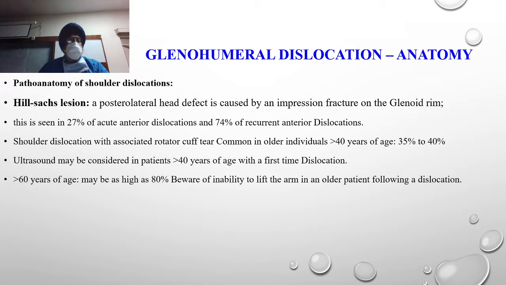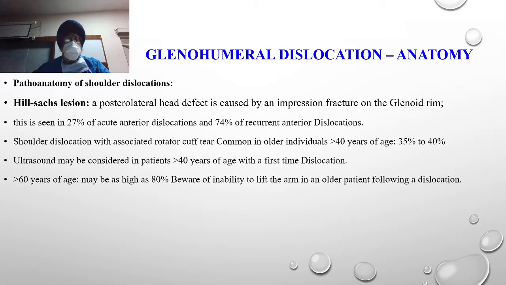Pathoanatomy of the shoulder dislocation, that is Hill-Sachs lesion. A posterolateral head defect is caused by an impression fracture on the glenoidal rim. This is seen in 27% of the acute anterior dislocations and 74% of the recurrent anterior dislocations. Shoulder dislocation with associated rotator cuff tear is common in older individuals, that is more than 40 years of age, at 35% to 40%.